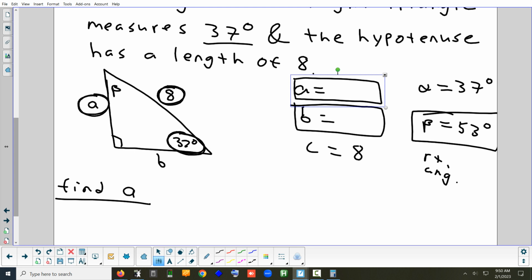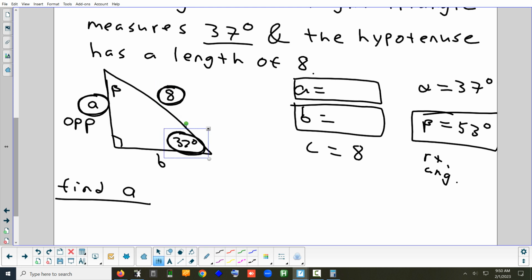To figure out which trig function we need to use, let's label these two sides. What is the position of side A relative to the 37 degrees? That's in the opposite position. What position is the side that's 8 units relative to the 37?